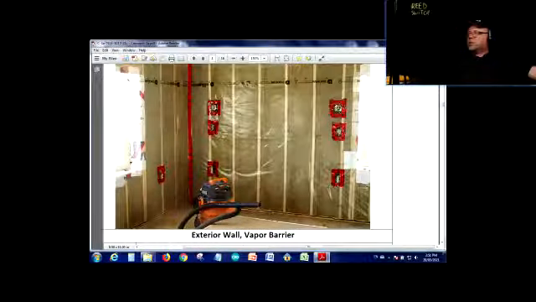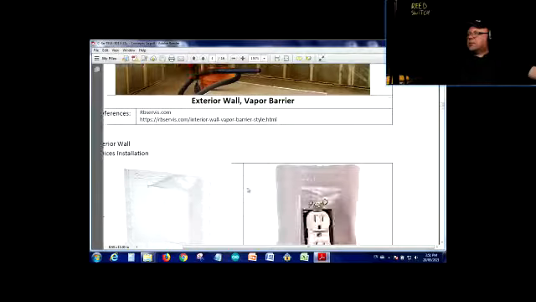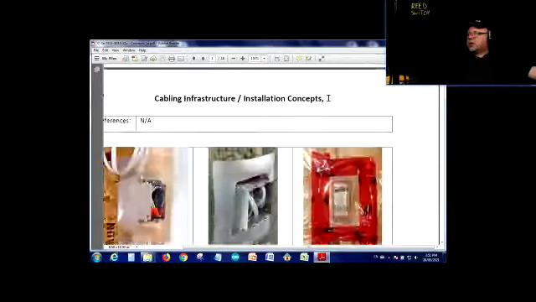This way you are separating everything, the inside from the outside. If you install the outlet without protecting it as a vapor barrier, then you're going to run into a risk of creating a huge mess. And we're going to talk about that in a second here.